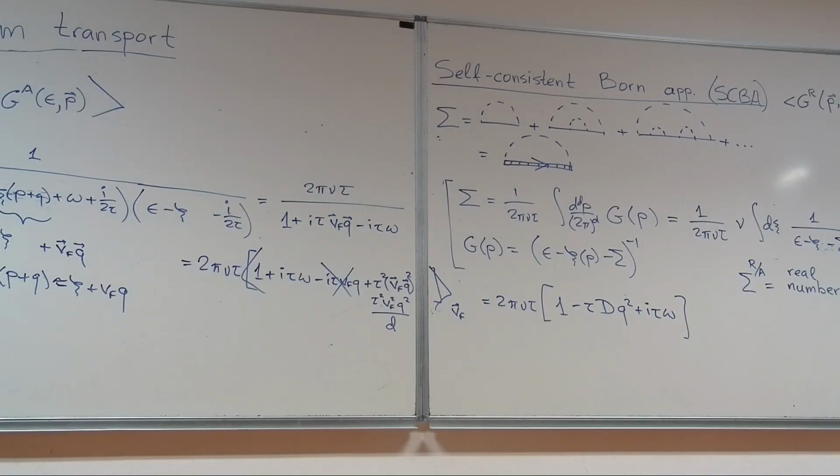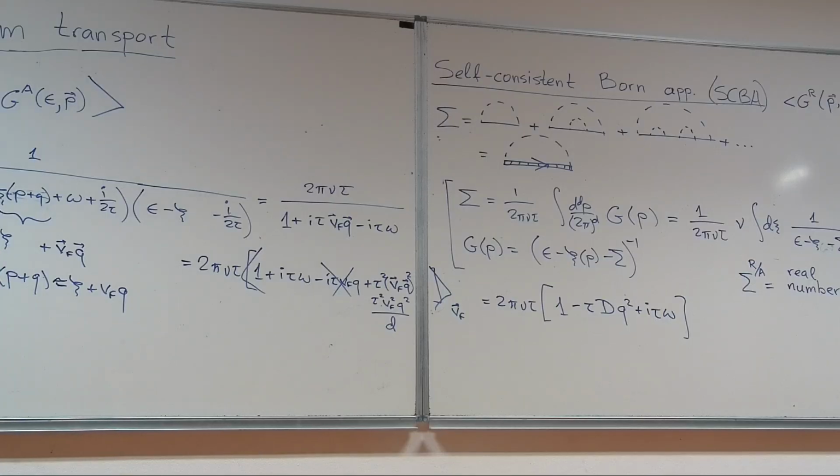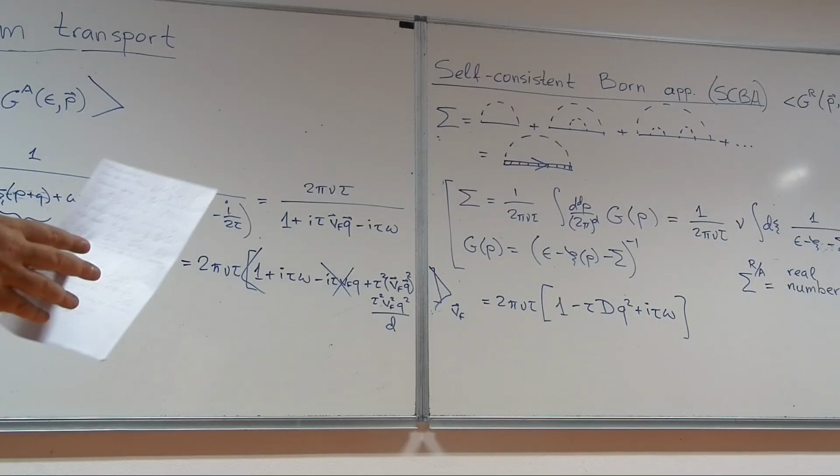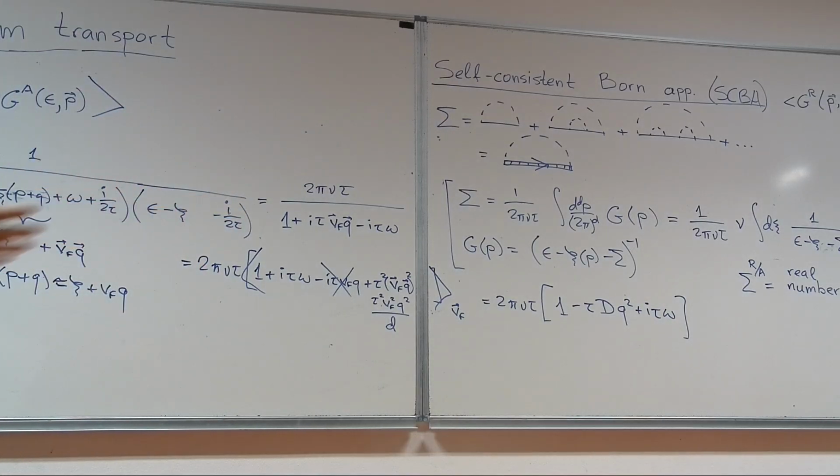Okay, so this object is not like a diffusion propagator still, but already contains the diffusion constant inside. You can see what the diffusion constant is from it, because the pole is located... Well, it doesn't have a pole yet, but it will have in a second.